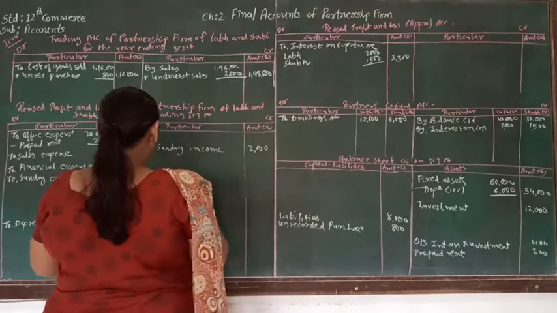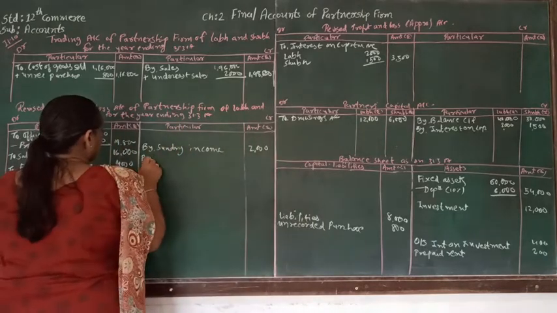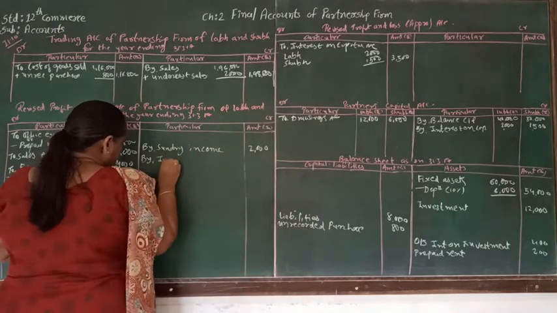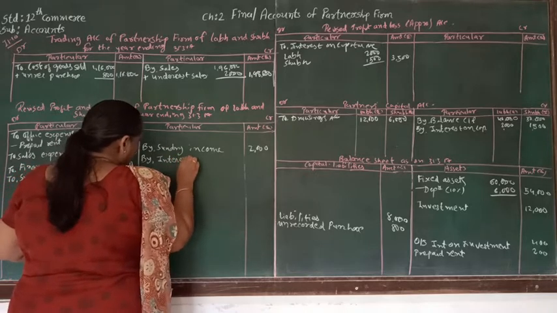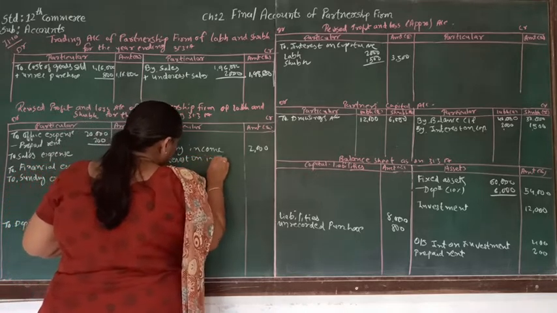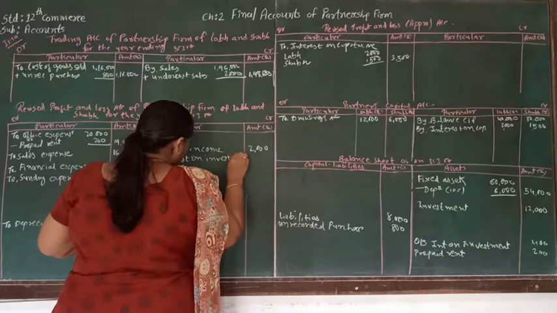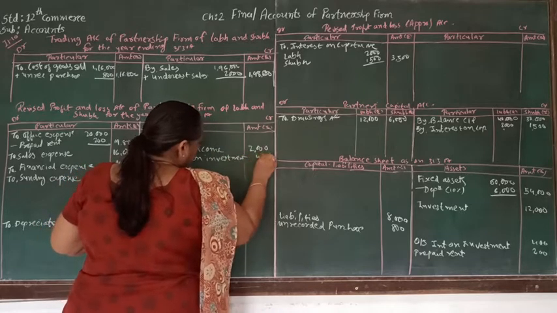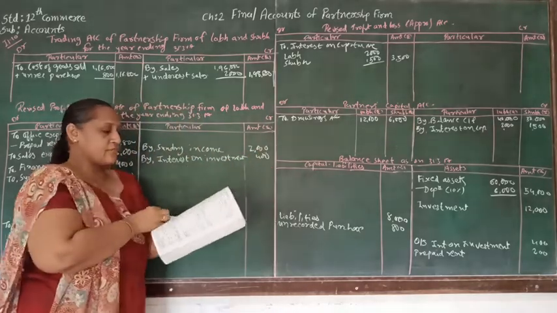So we are going to write in the profit and loss account, by interest on investment, 400.